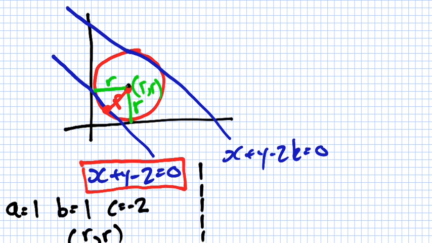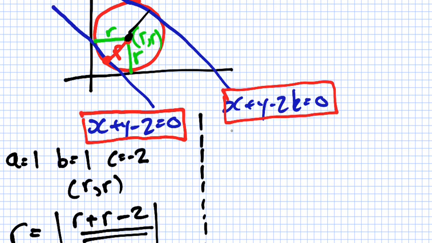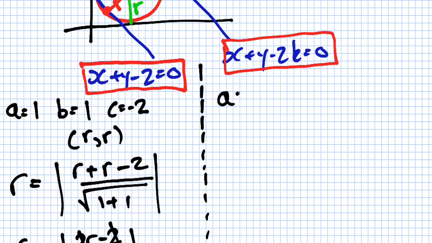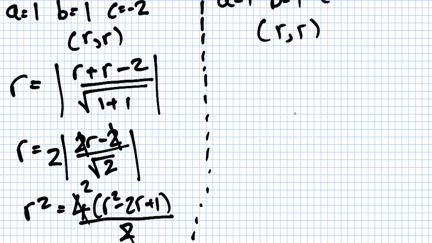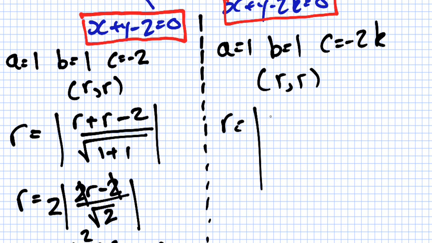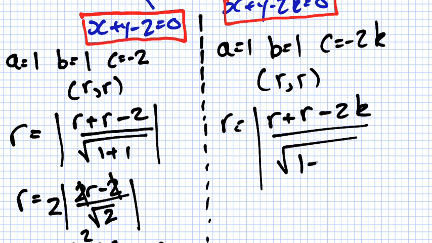So we also know that the perpendicular distance from the center of the circle to the second line, that's also equal to the radius. So in this case, A is 1, B is 1, C is minus 2k, and the point is (r, r). So r equals absolute AX, so that'll be 1r plus BY, so it's 1r again, and then plus C, which is minus 2k, over square root A squared plus B squared.